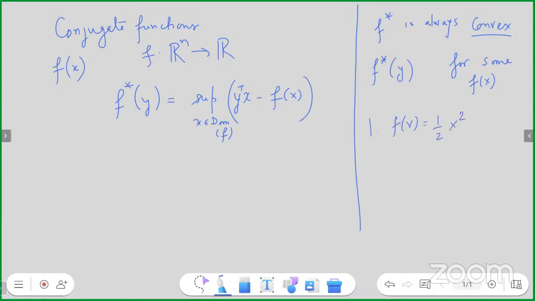There's one of them, and what did it turn out to be? Something very interesting: if I were to take one more star, I would get back x square. So in this particular case, f star star is actually f. This is true as long as f is convex and its epigraph is closed.